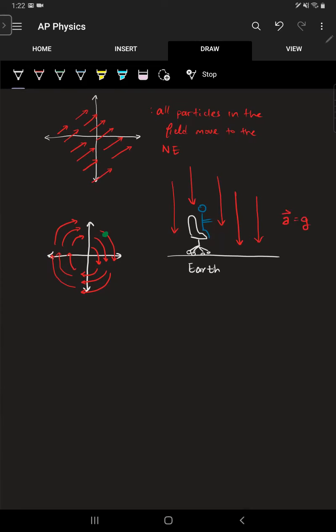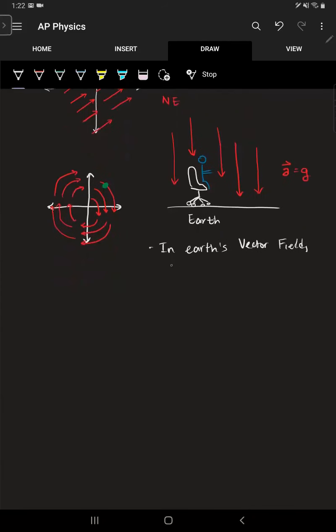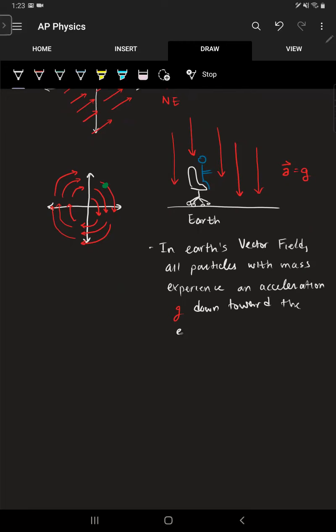And it is saying that in Earth's vector field, all particles with mass experience an acceleration of g down toward the center of the Earth.